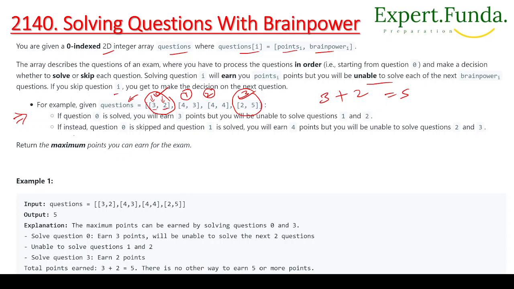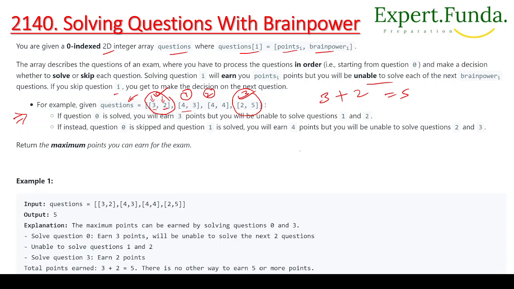Okay, so instead of question 0, let's suppose someone skips question 0. Then he will attempt question 1, that is he will get the points 4, right? So once he is unable to solve index 0, he has to solve index 1, and he will earn the points. Once he solves question 1, he will get 4 points.